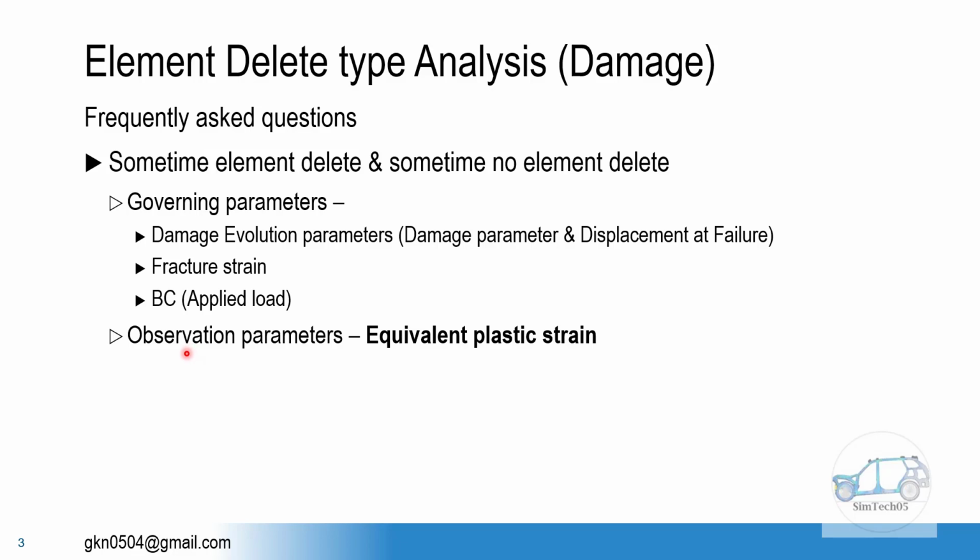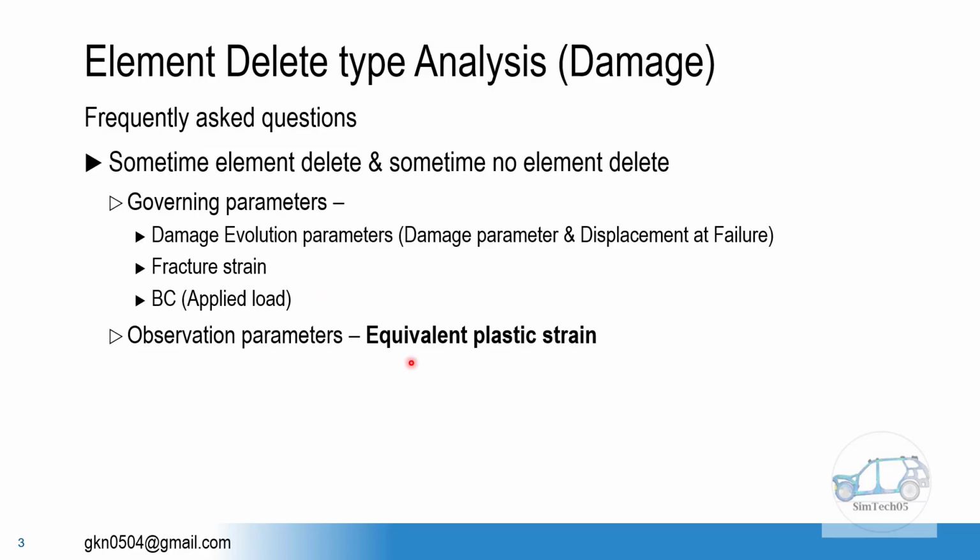We will talk later about the observing parameter, but among the governing parameters, especially the damage evolution parameters play a very important role, and in the damage evolution parameter we have to define two things: the damage parameter and the displacement at failure. The second important governing parameter is your fracture strain, and third is the boundary conditions, especially the applied load. If these three parameters are correct in our simulation, then there are high chances of good results.